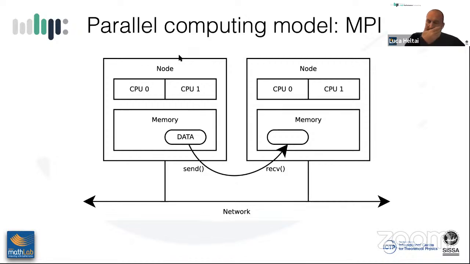However, you do not have access to the same memory. So you cannot assemble the sparse matrix in your memory and assume that everybody else has access to that memory. You don't have that because you have separate computers, possibly in separate rooms or possibly in separate states. So it doesn't really need to be close and local.